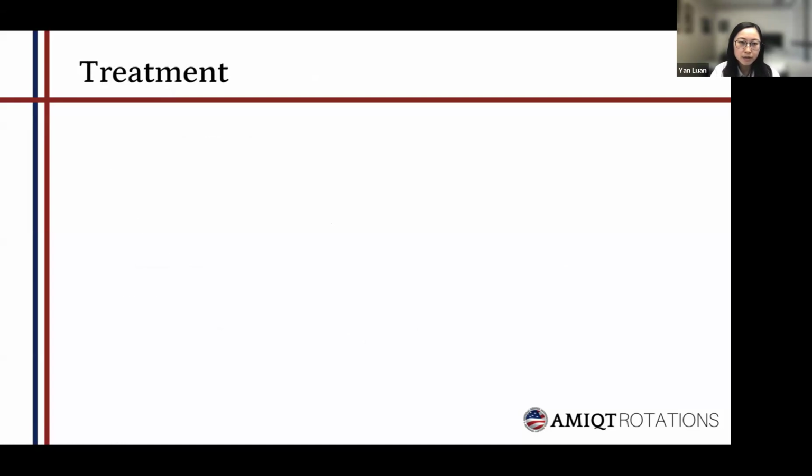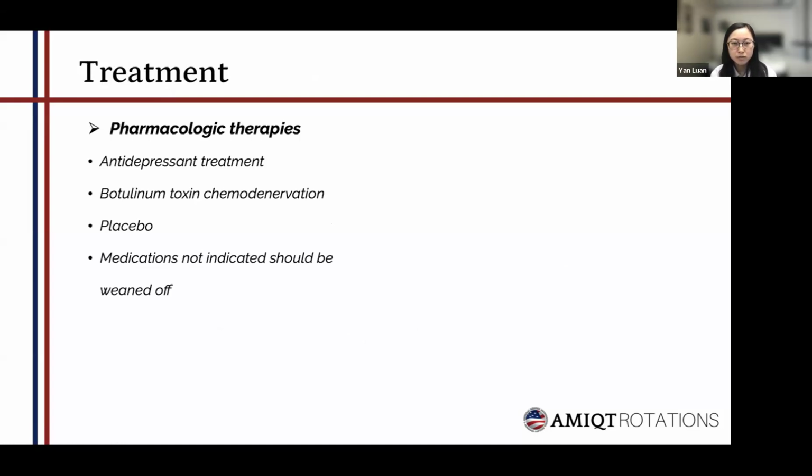The treatment includes pharmacologic therapies and non-pharmacologic therapies. Studies have found that antidepressant treatment, botulinum toxin chemodenervation, and placebo can help ameliorate the tremors in some patients. And medications that are not indicated, such as levodopa, should be weaned off.